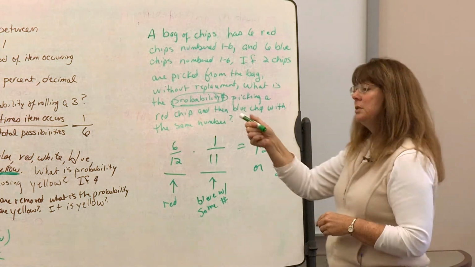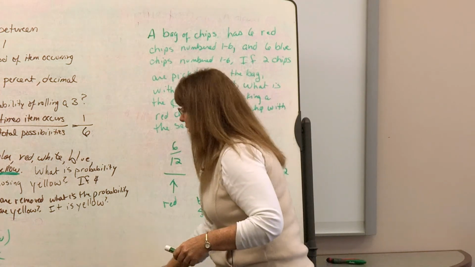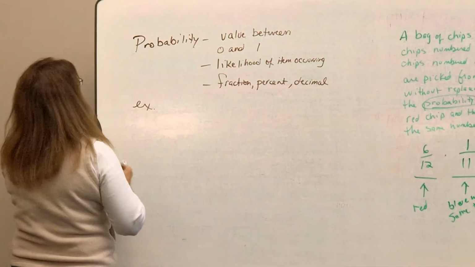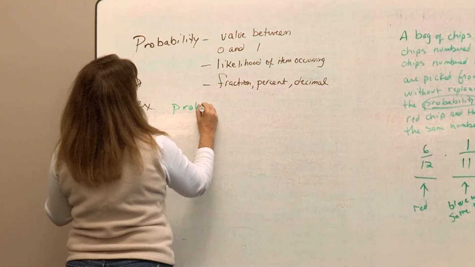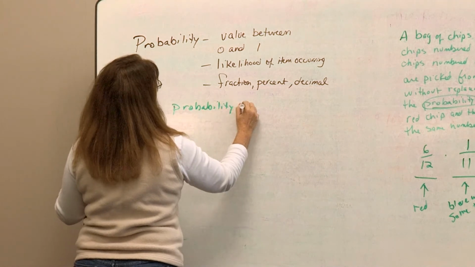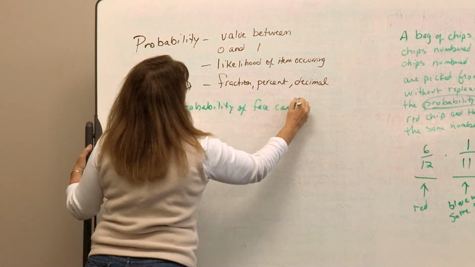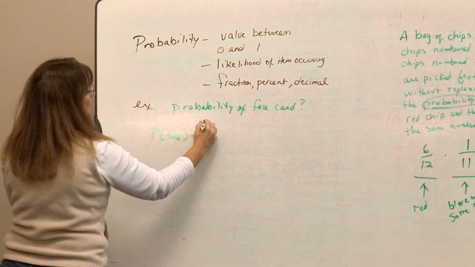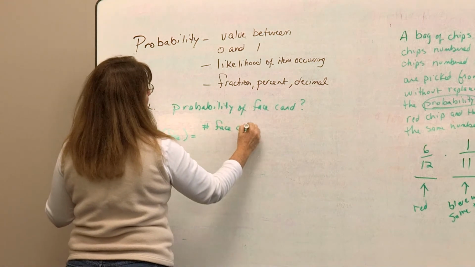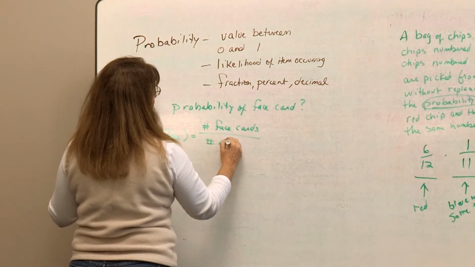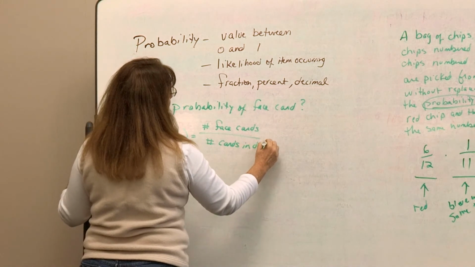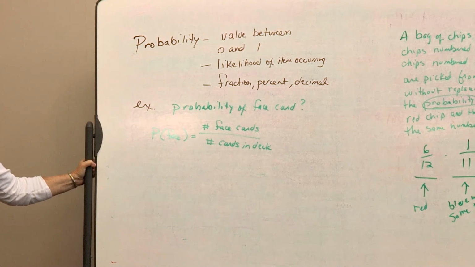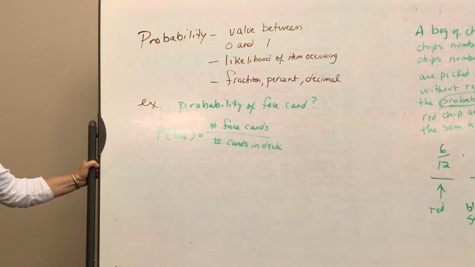Okay, so we'll use the same idea. The question was, what's the probability of getting a face card out of a deck of cards? All right. So when we set it up, we want to look at how many face cards we have and how many cards we have in the deck.